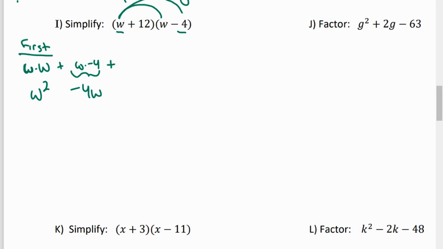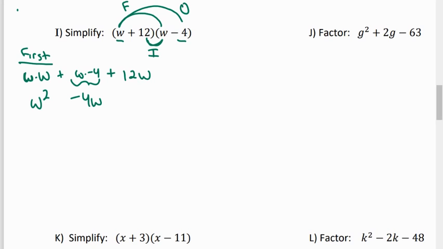If I take my inside terms and multiply them together, 12 times W is just 12W. And then if I take my last terms to multiply, so 12 times the negative 4, I get a negative 48.